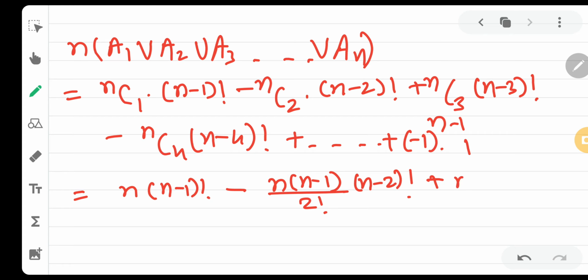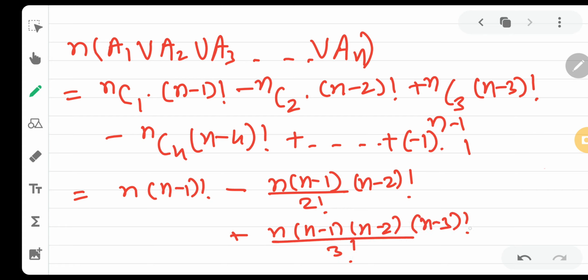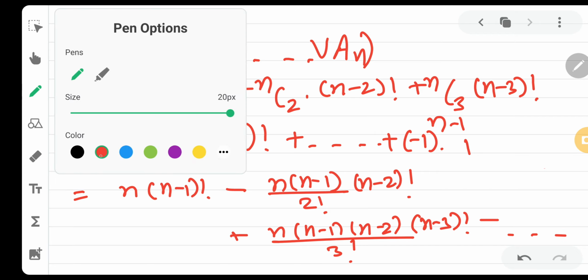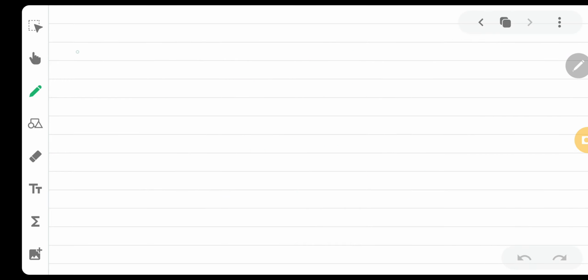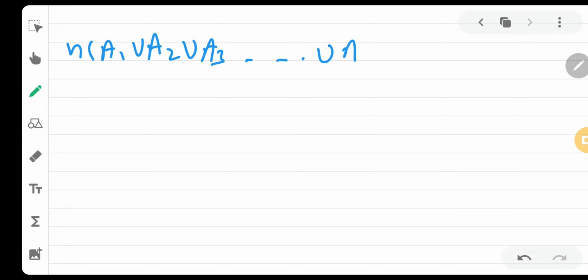Then nC3 is n into n minus 1 into n minus 2 upon 3 factorial into n minus 3 factorial, and so on. This process will continue. So firstly, if you check this out, n into n minus 1 factorial is nothing but n factorial. So number of A1 union A2 union A3 and so on union AN.